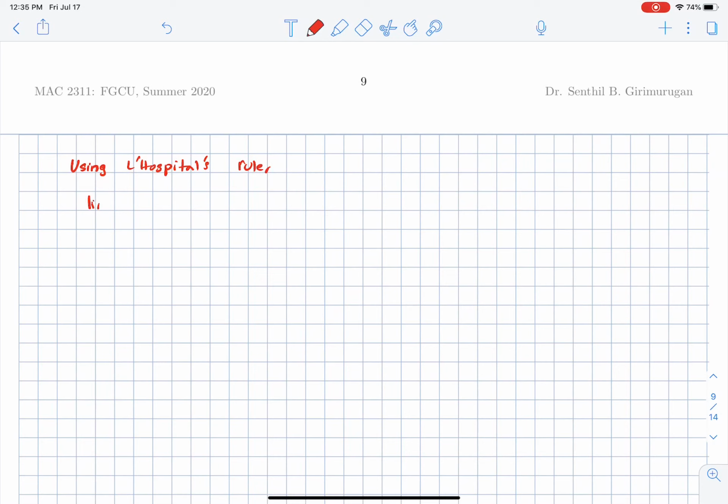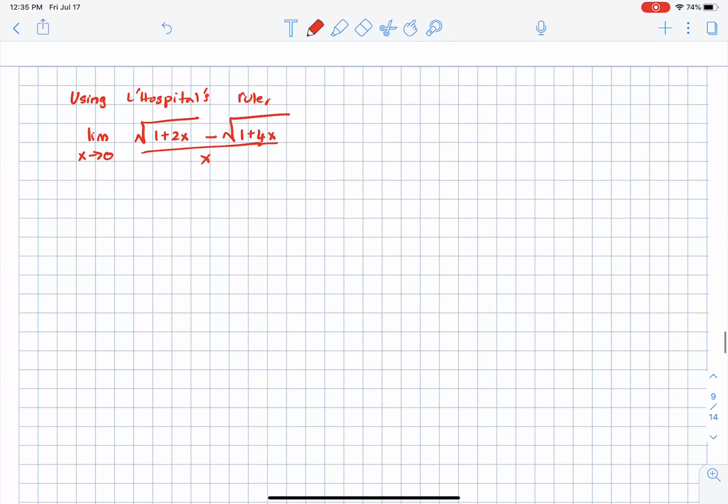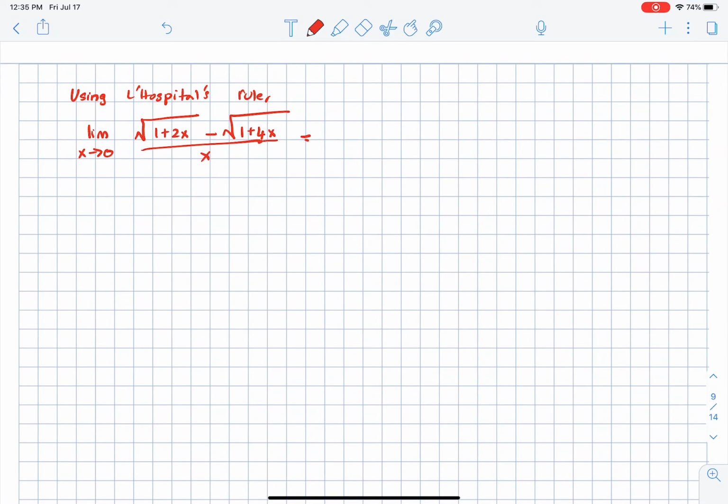What we have is limit x approaches 0, square root of 1 plus 2x minus square root of 1 plus 4x divided by x. And we have already identified that that is an indeterminate form. So we simply take the derivative of the numerator and the derivative of the denominator. So before I do that, let me rewrite the radical in terms of an exponent.